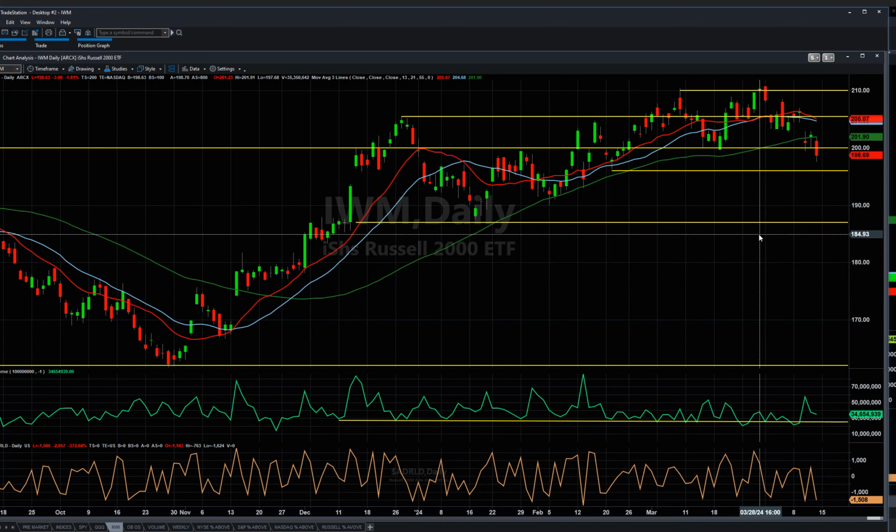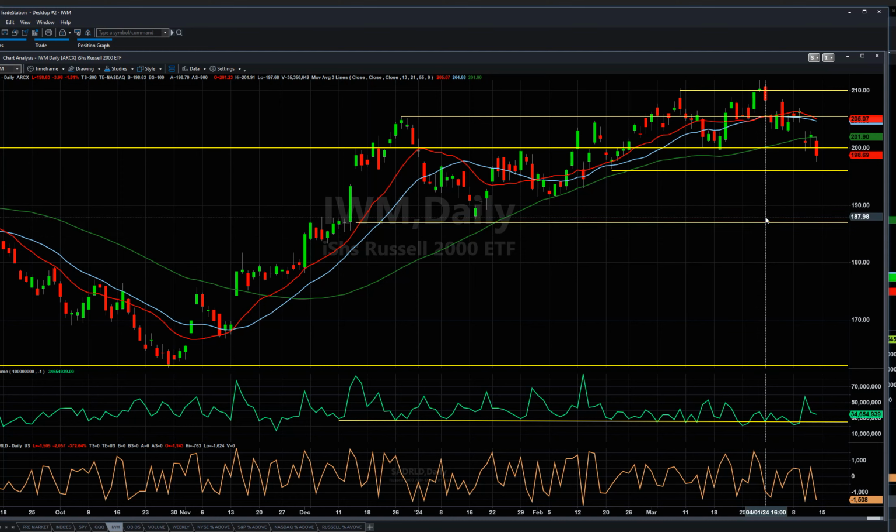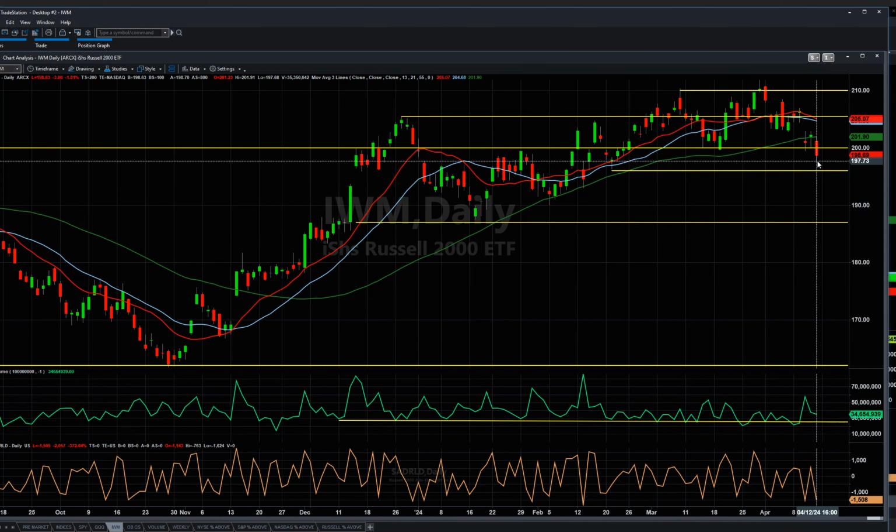I would say that the NASDAQ, in terms of the Qs, was showing more strength, the Spider second, and then, of course, the Russell, the IWM, third, lagging. Now you can see the Russell has closed well below the 200 area, in the 198 area.